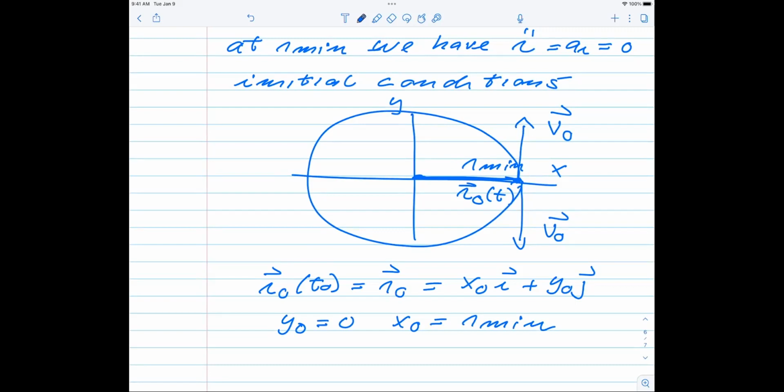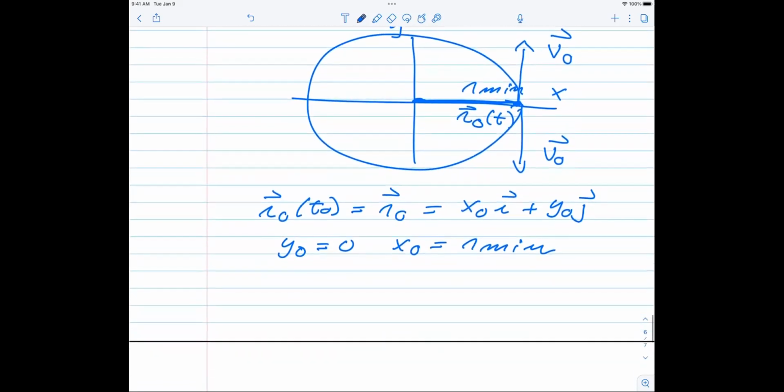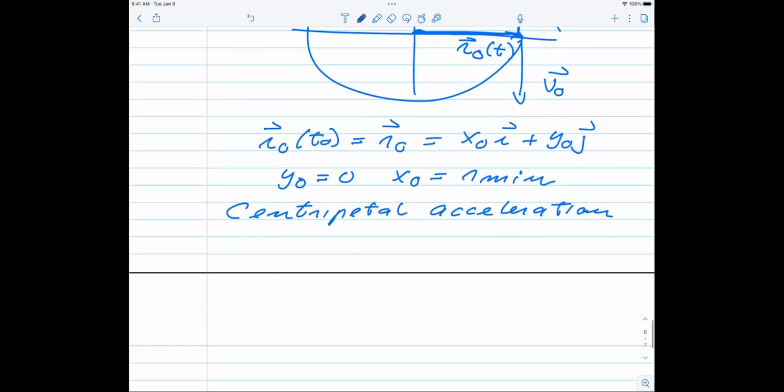And then what we can show, if we now use what is called the centripetal acceleration, and I think you've seen something like this in physics 181, centripetal acceleration. So let me just remind you of the definition here. That's actually defined in terms of a_c, centripetal, which is now given by this radial, and this is the same as our velocity squared divided by r min.